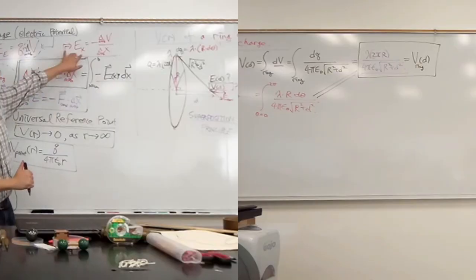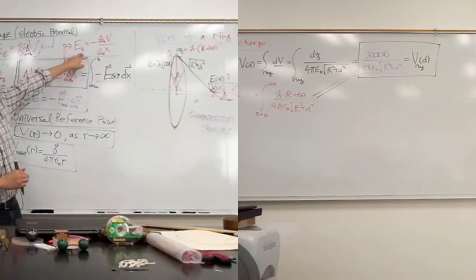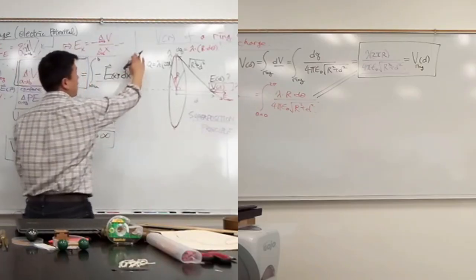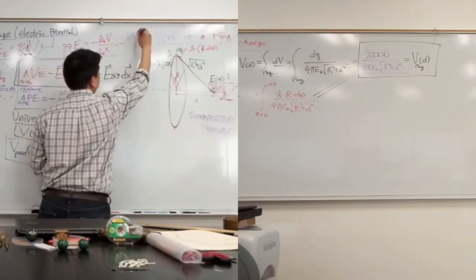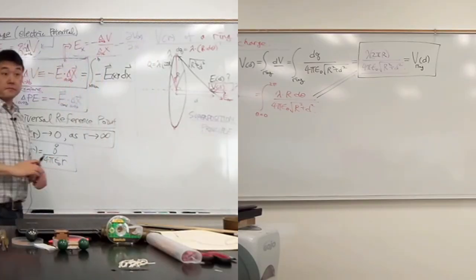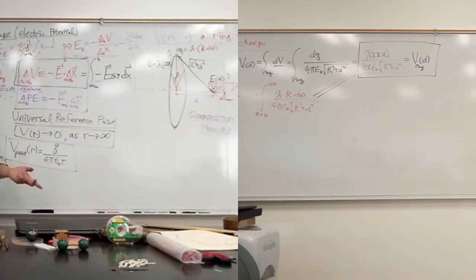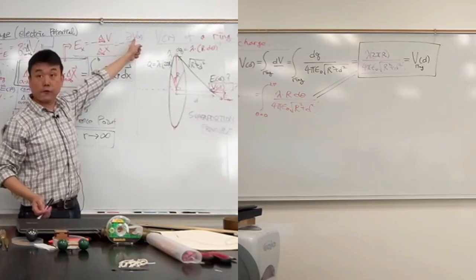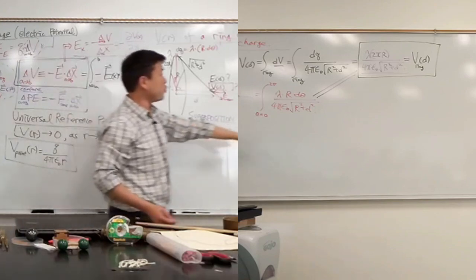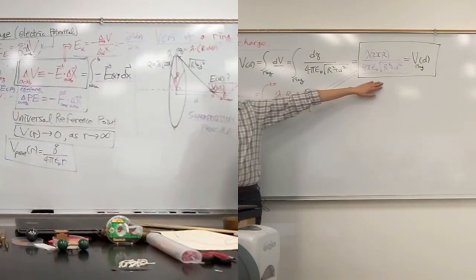In calculus terms, the x component of electric field is minus the partial derivative of voltage with respect to x. Which means once you know the full expression for voltage, you can use that to get back to the electric field.